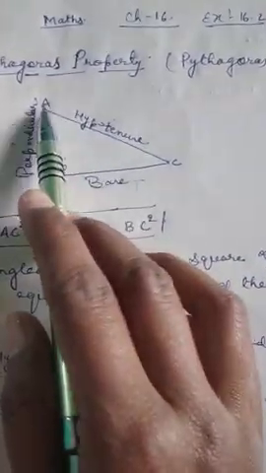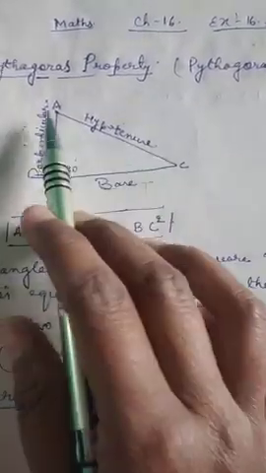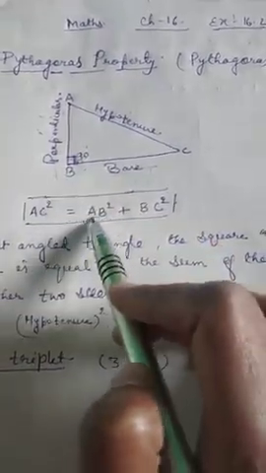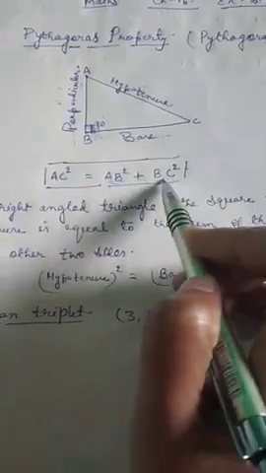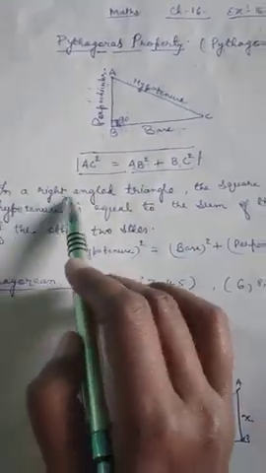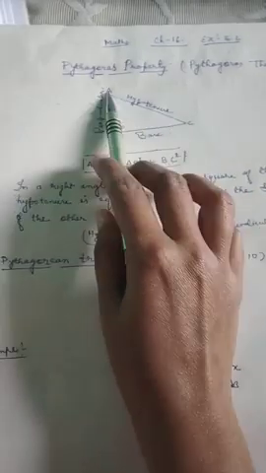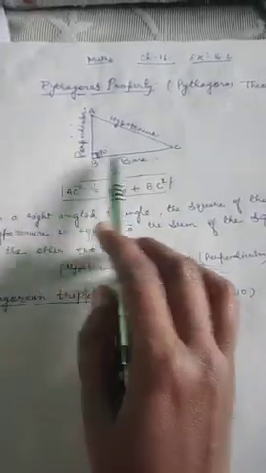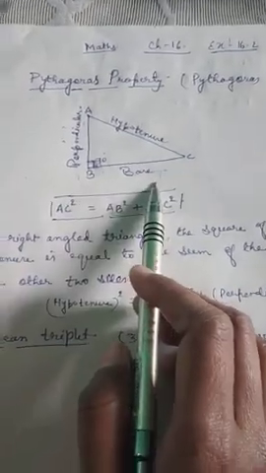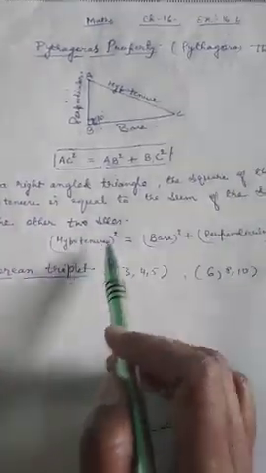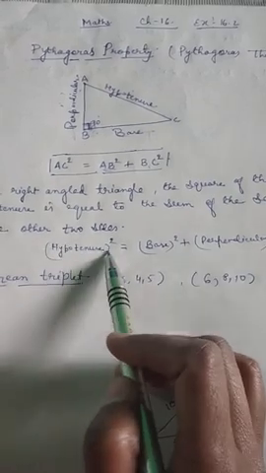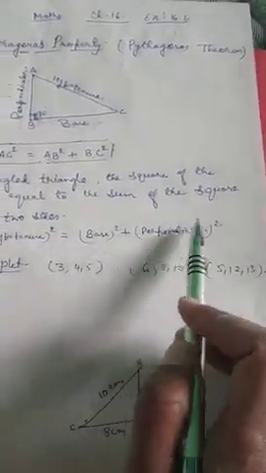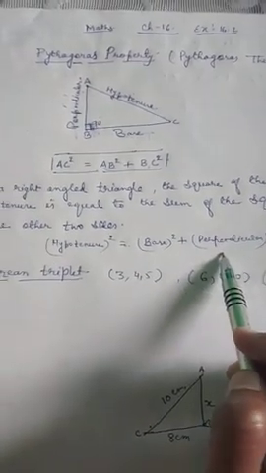It means that this is called the hypotenuse, so AC square is equal to AB square plus BC square. You can write it like this also: hypotenuse square is equal to base square plus perpendicular square.